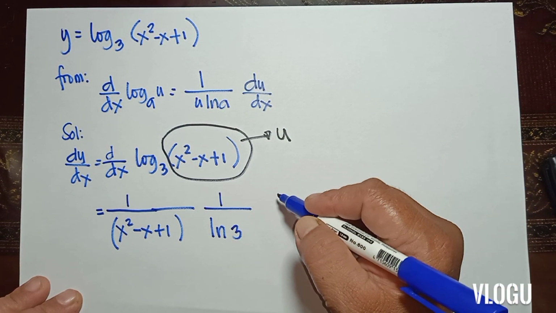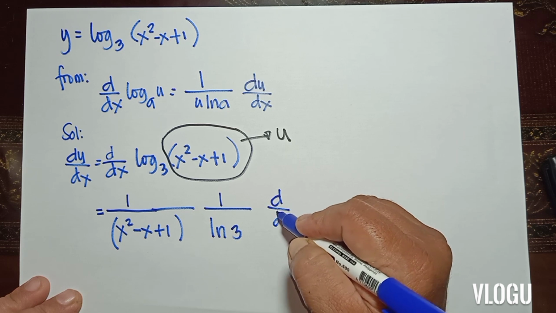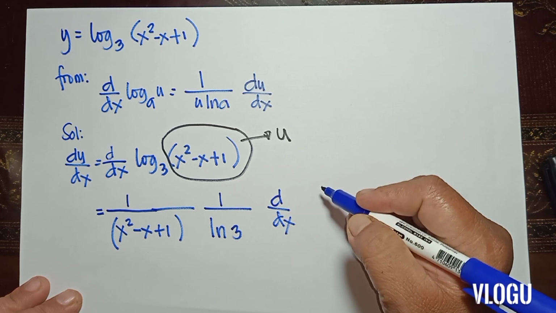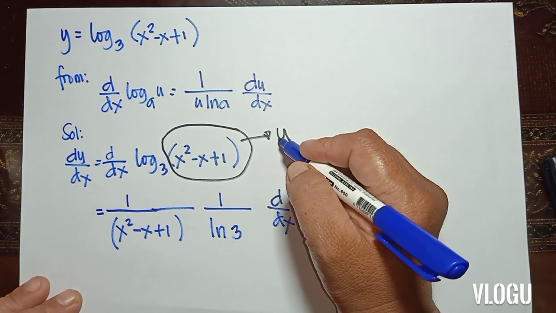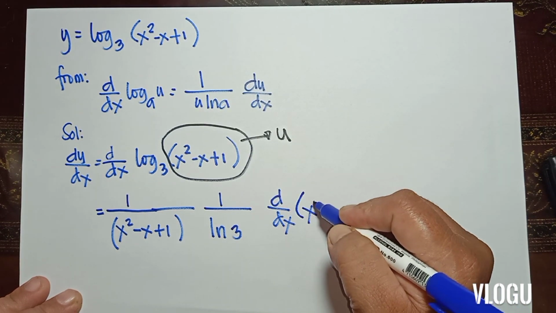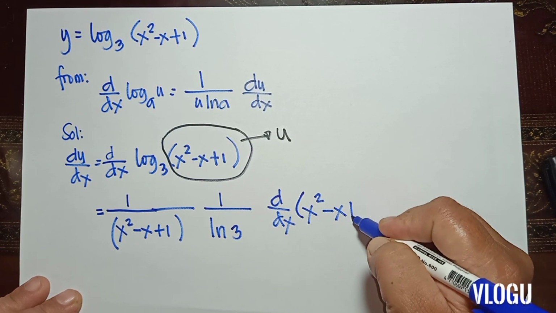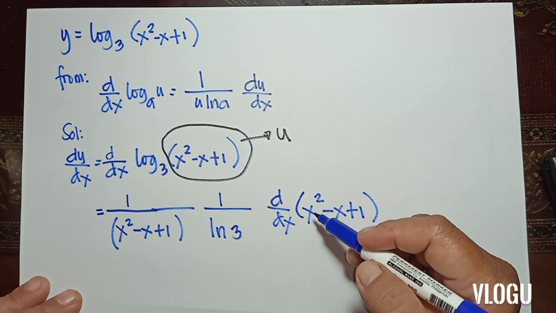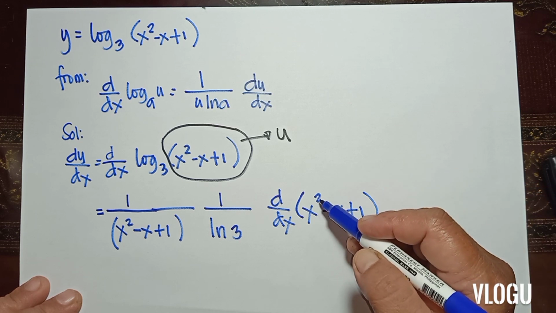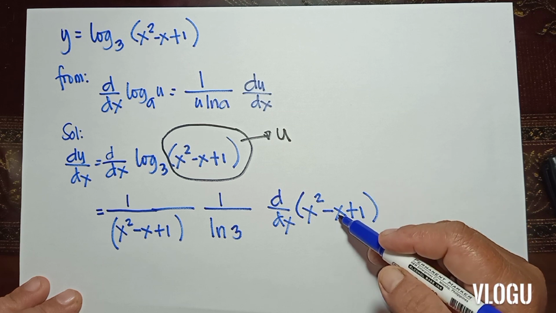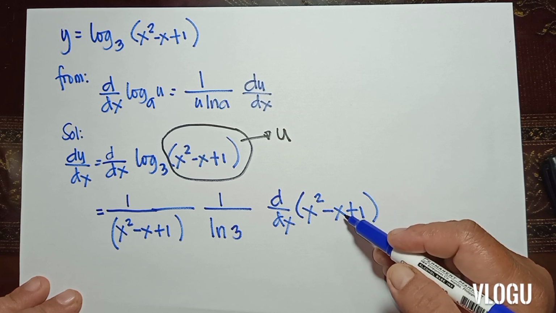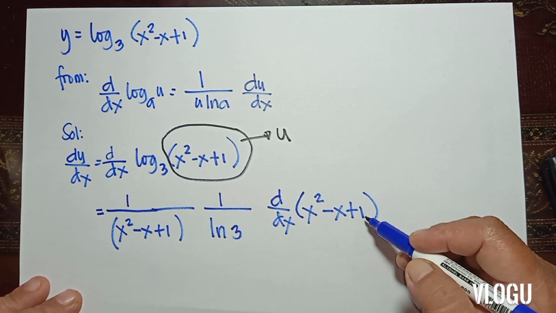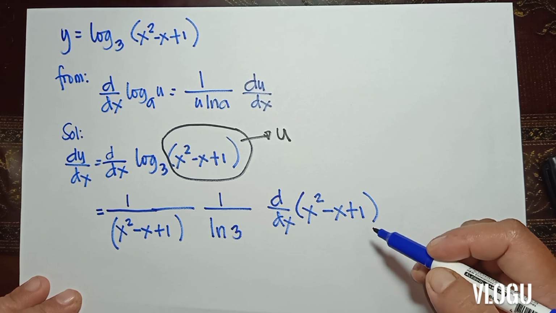Then the derivative d/dx of u, where our u is equal to x squared minus x plus 1. What is the derivative of x squared? That is 2x. What is the derivative of x? That is 1. What is the derivative of 1? That is 0.